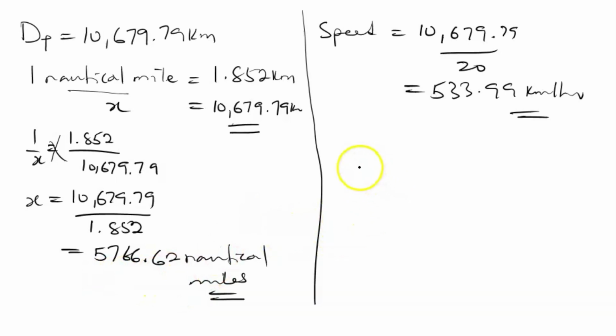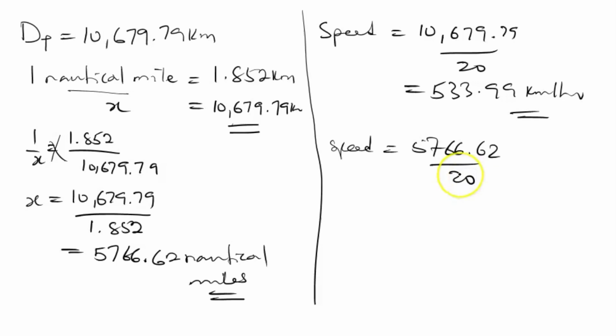Now instead of using this, why not use the nautical miles directly, because we know that 1 nautical mile per hour equals 1 knot. So I think it's better, instead of converting this, to use the one in nautical miles for speed, which is 5766.62 divided by 20.